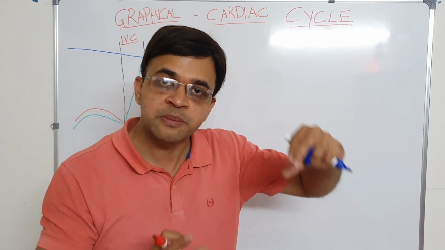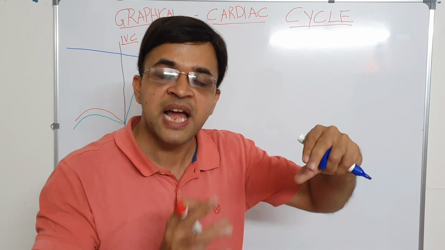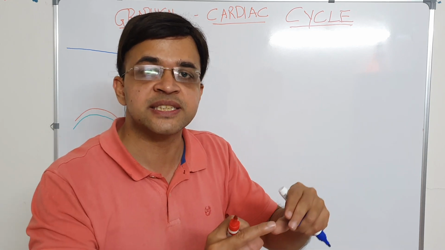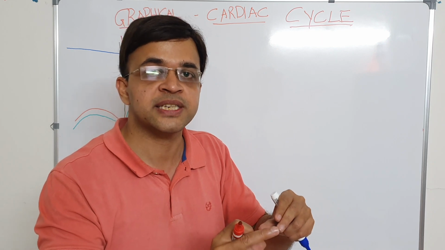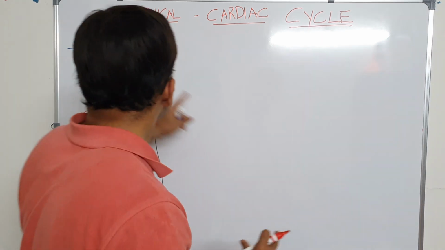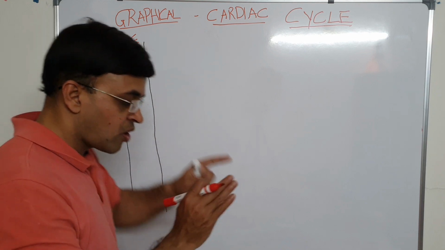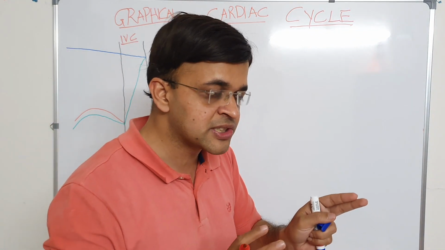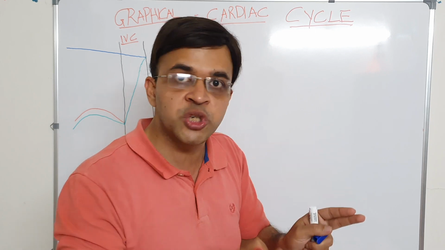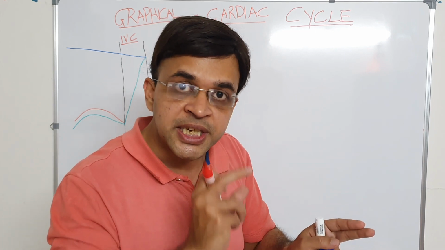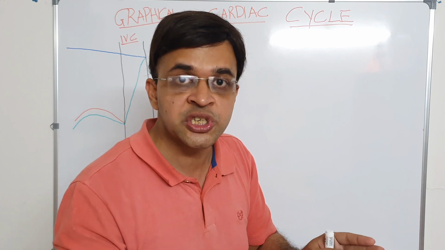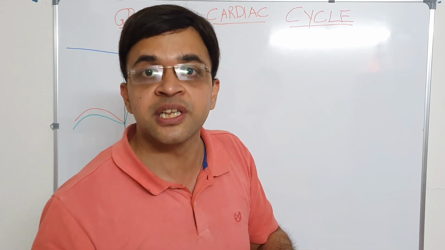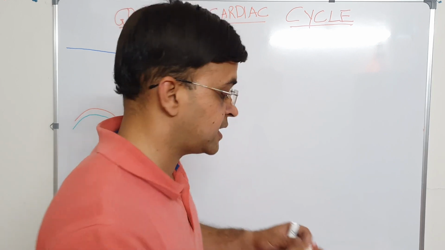Now, both the pressure inside the aorta and ventricles are going to change at the same time, right? So, obviously, when the aortic valve opens, the blood will start rushing from the ventricles into the aorta. So ventricular volume is going to decrease, but the ventricular pressure will continue increasing because ventricles are still contracting, right?